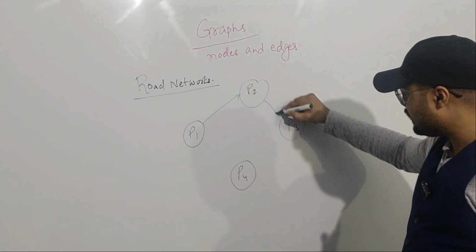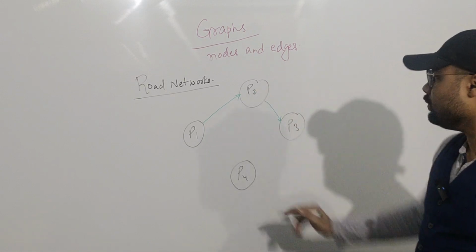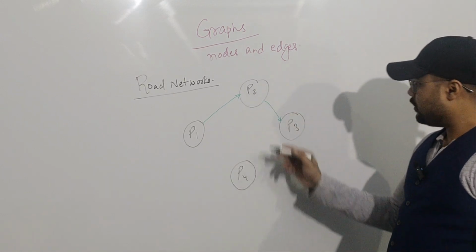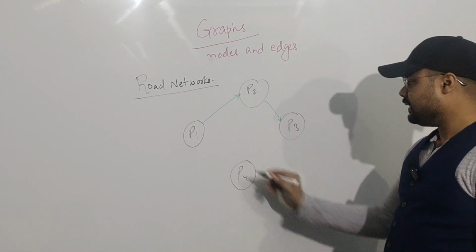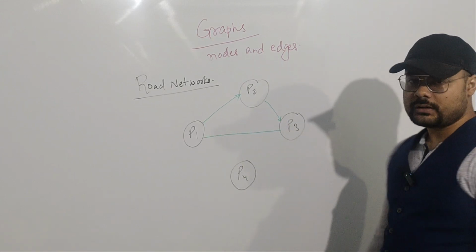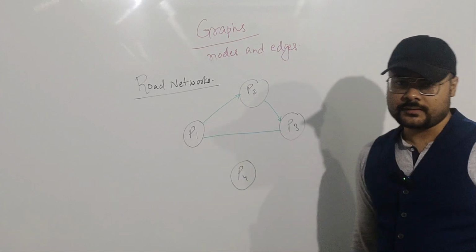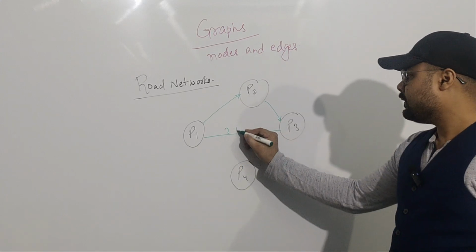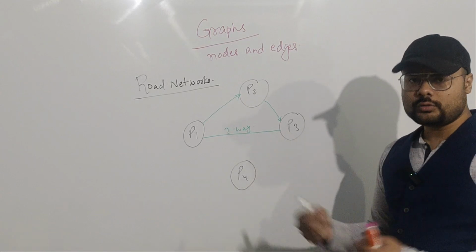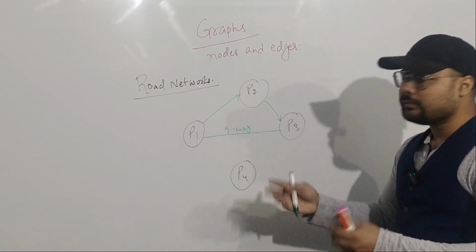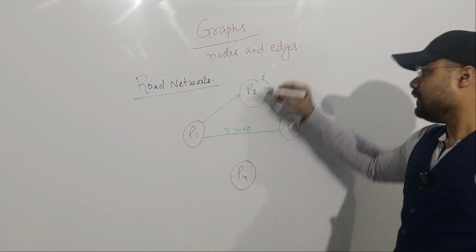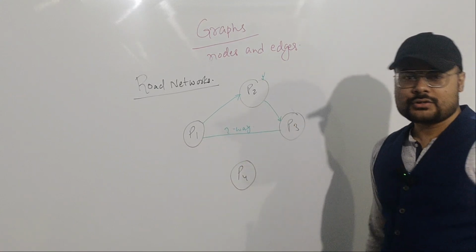So maybe in the road network, if you are at P2, you cannot go directly to P1. It means it's one way only. Okay, but P2 is connected to P3, and let's say from P3 you have an undirected edge. It means that P1 and P3 are connected. So it's two way. An undirected edge means a road that is two ways. So if someone is at P2 and he has to go to P1, he will follow this path.